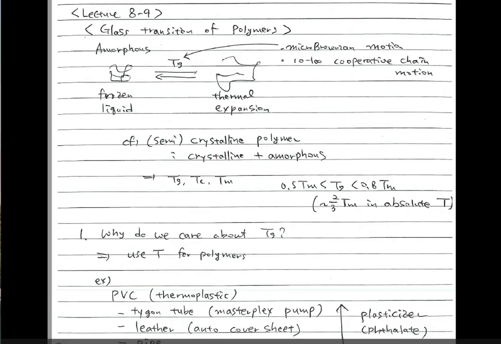Here in lecture 8, we'll learn more about amorphous polymers which have glass transition temperatures. At high temperatures, amorphous polymers are basically liquid. On the other hand, below glass transition temperature, denoted as Tg, they are frozen liquid.